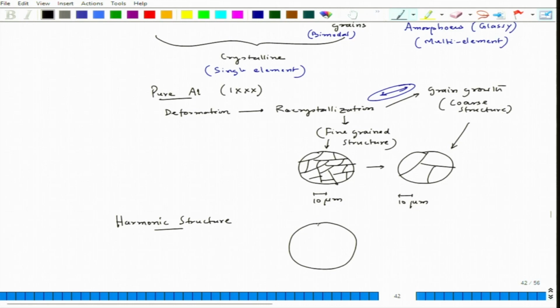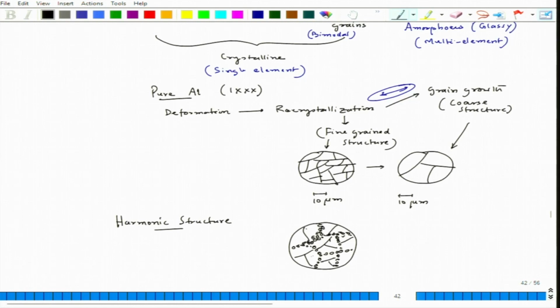There are zones with very fine grains, and in the rest of the places we have very coarse grains.